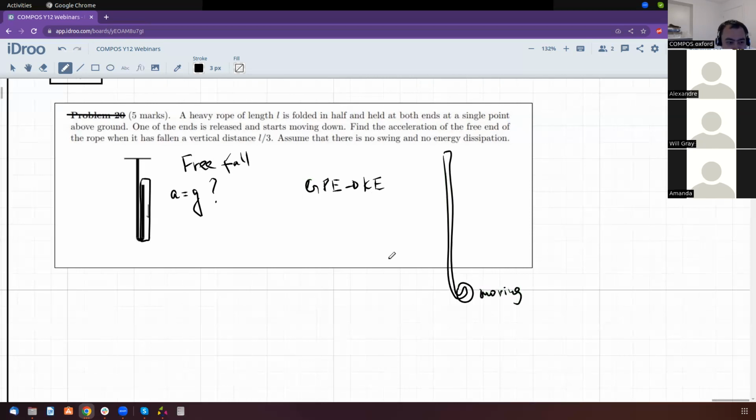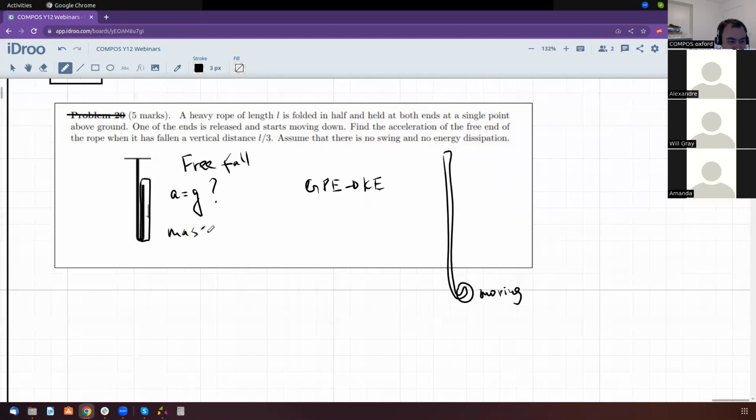So all of the gravitational potential energy of the rope, which has fallen, has to go into that small piece of the rope, which has a very small mass, and therefore has to have a very high speed. So you can't use free fall because the mass is constantly changing.